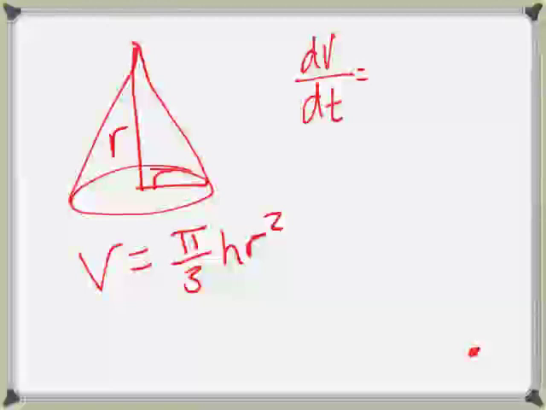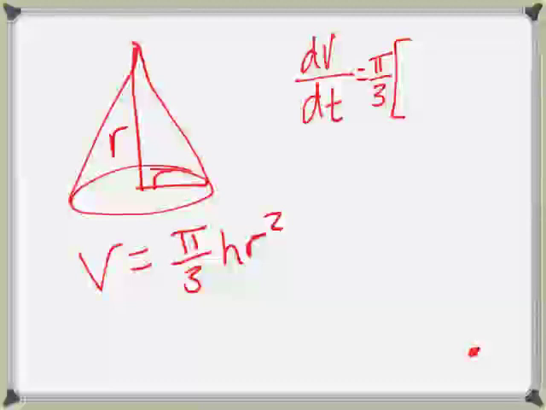That pi thirds can just hang out in front of this whole thing because it's a constant. But then we have h times r squared. So we will need to use a product rule there and a chain rule as well, because we're not taking our derivative in terms of r or in terms of h or in terms of x. We're taking it in terms of time, something that's not even in this problem directly.